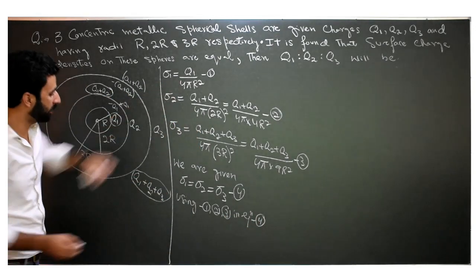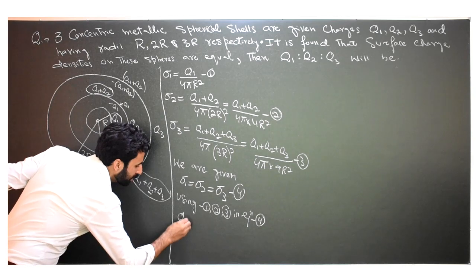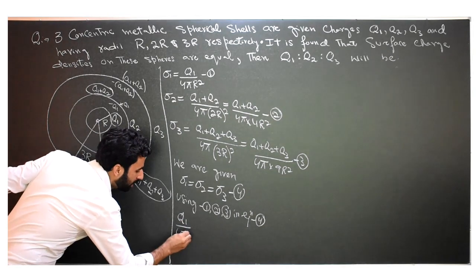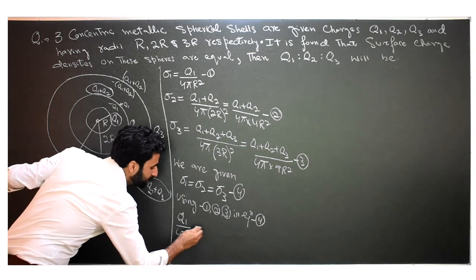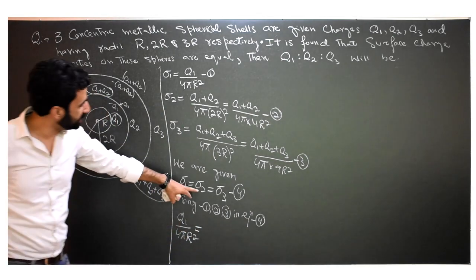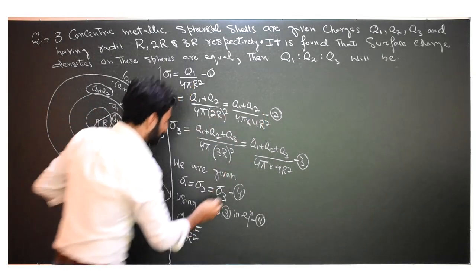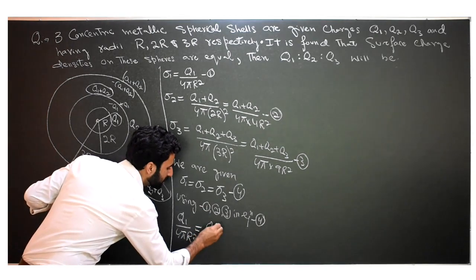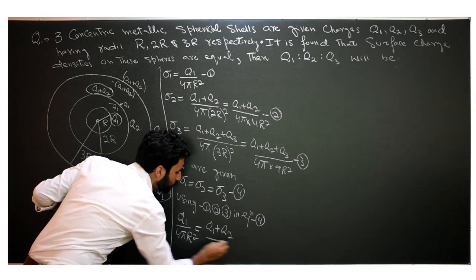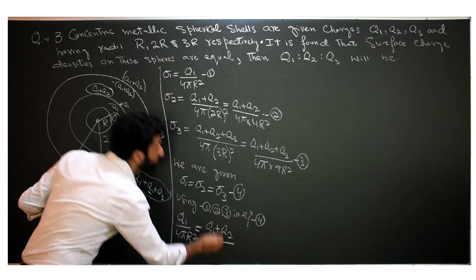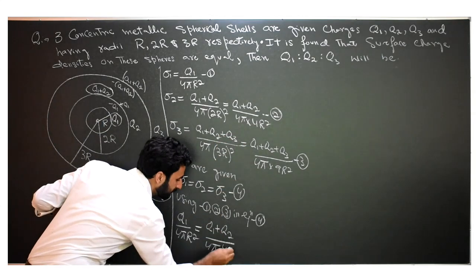So sigma 1, we have Q1 by 4 pi r square. This should be equal to the surface charge density of the second, that's Q1 plus Q2 divided by 4 pi into 4r square.